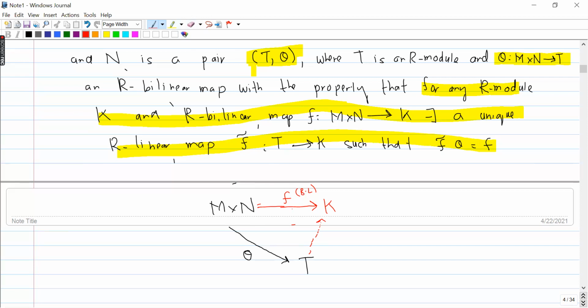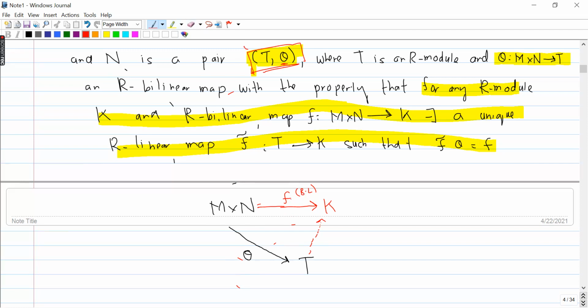Munira, f is a bilinear map and theta is also a bilinear map. Theta is a bilinear map by the definition of the tensor product, because by definition a tensor product is a pair, where T is an R module and theta is a bilinear map from M cross N to T. And what is the universal property?